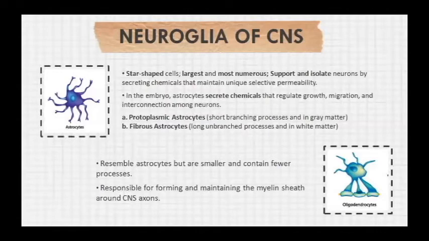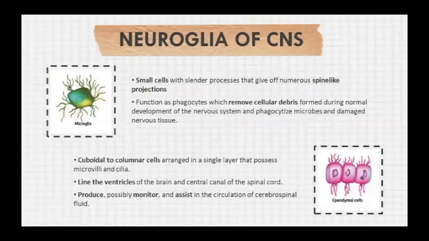The third kind is the microglia. These microglia are small cells with slender processes that give off numerous spine-like projections. They function as phagocytes, which remove cellular debris formed during normal development of the nervous system and phagocytize microbes and damaged nervous tissue.